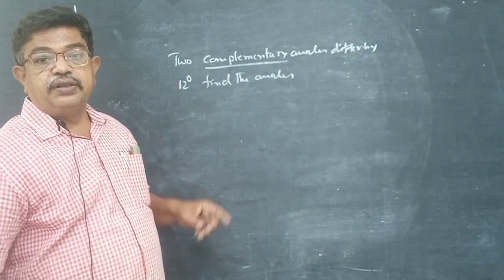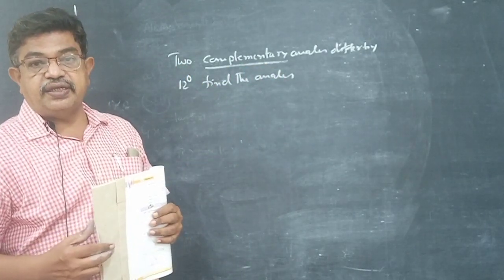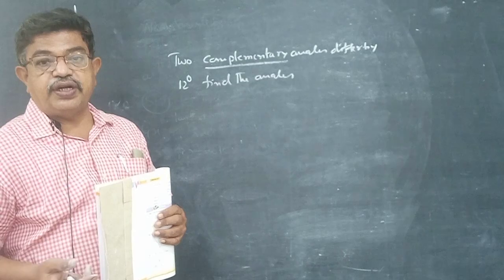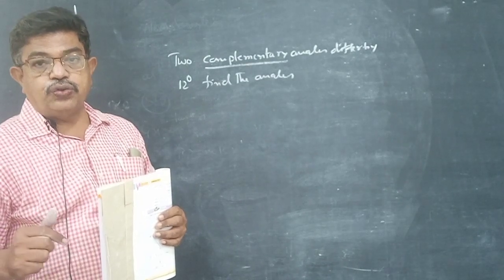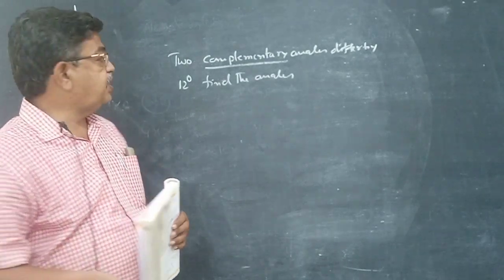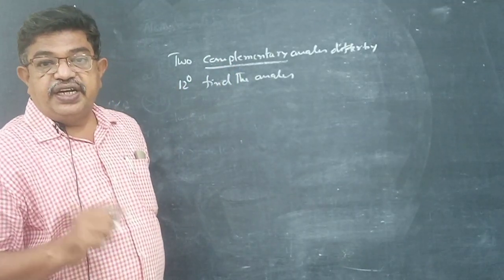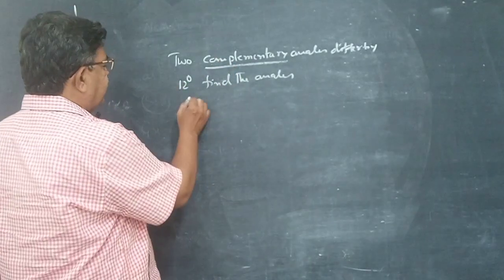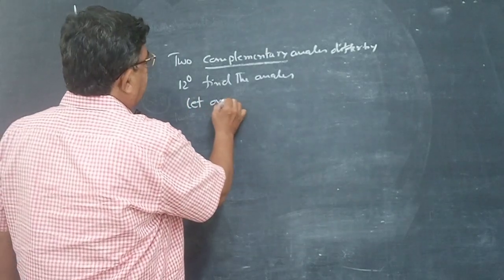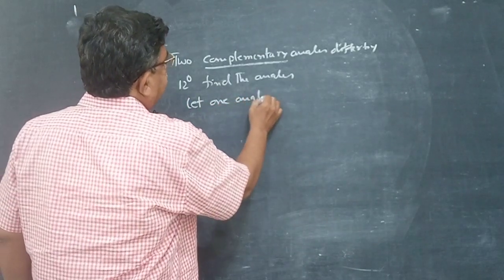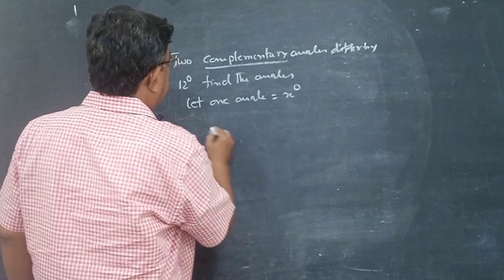Two angles. Suppose you take one angle as x, the other angle is x plus 20. If you add those two, the sum of x and x plus 20 is equal to 90 degrees, since complementary means 90 degrees. So let one angle be x degrees.